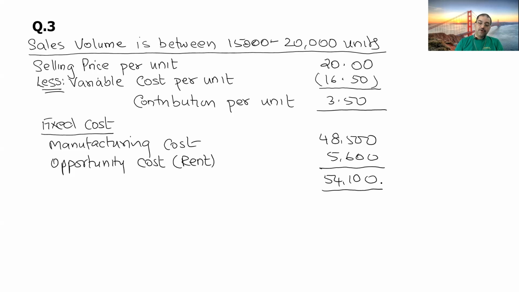Same way we'll work out the contribution and fixed cost for the range 24,000 to 36,000. Sales volume is between 24,000 to 36,000.